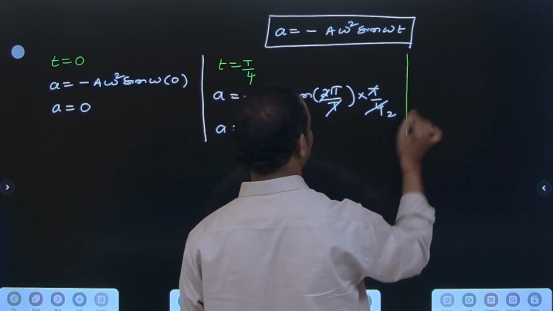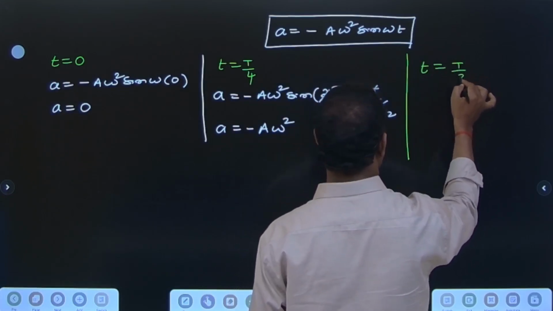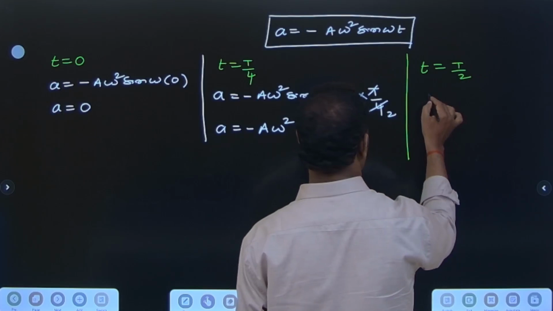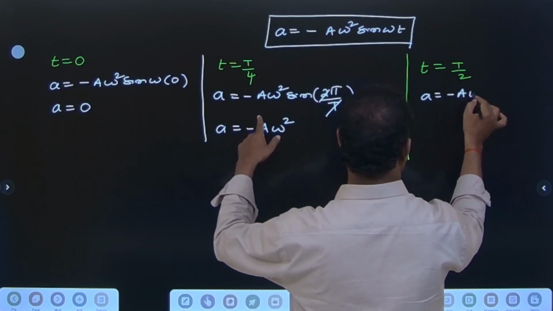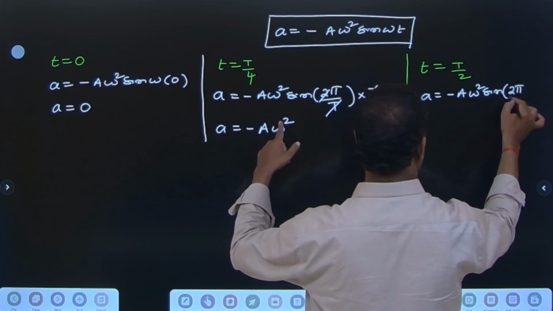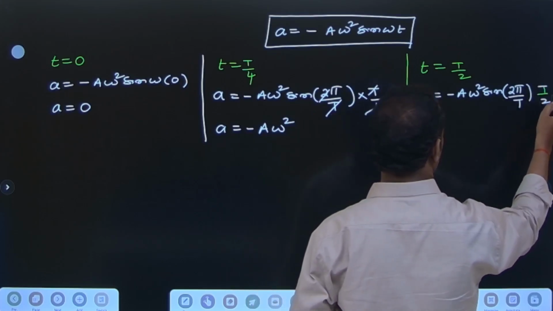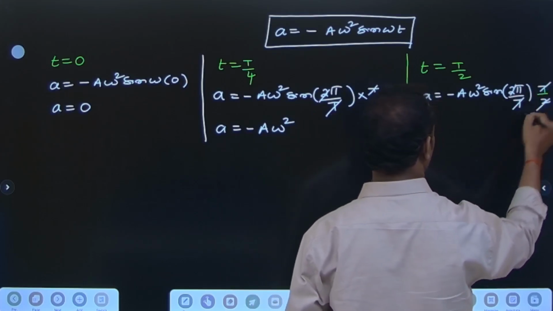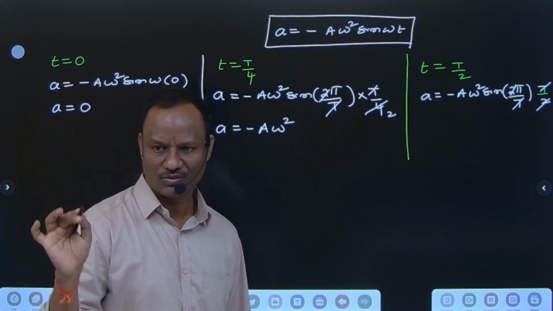Next, at t equal to T by 2, a is equal to minus A omega square sine, omega means 2 pi by T into small t, which is T by 2. T cancels, 2 cancels. Sine pi is 0.